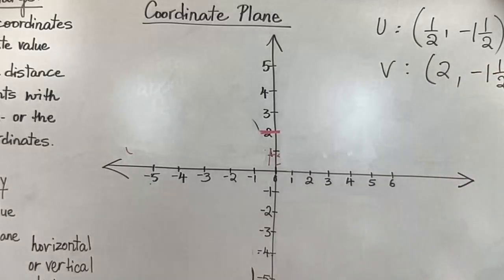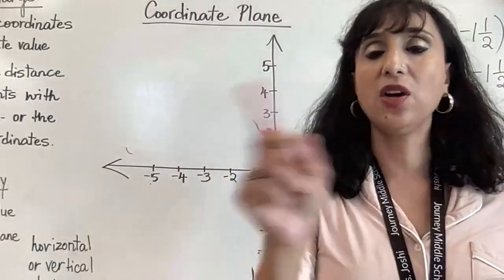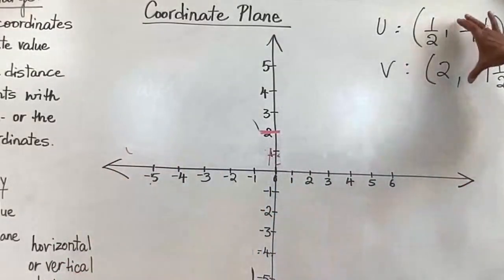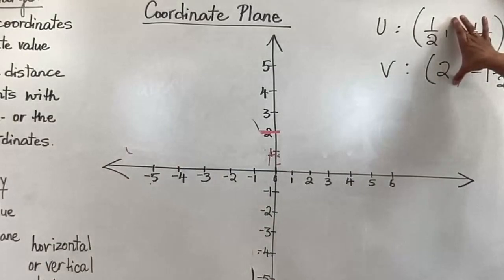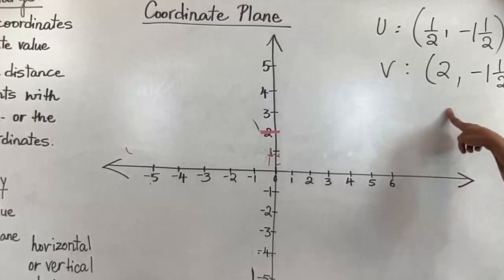All right. So as we can see in this case, the y coordinates are the same. That means it is going horizontally. Y stays the same, but x is switching. However, we can also see that both of them are in the same quadrant.